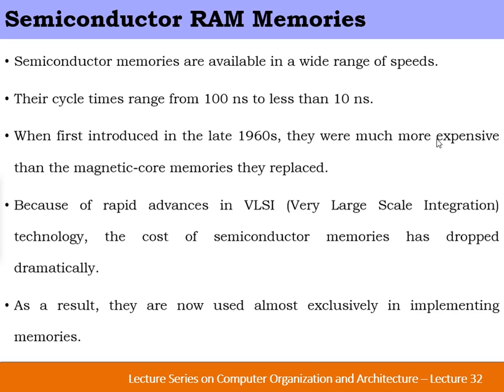Because of rapid advances in VLSI, that is, very large scale integration technology, the cost of semiconductor memory has dropped dramatically. As a result, we now use semiconductor RAM memories almost everywhere.